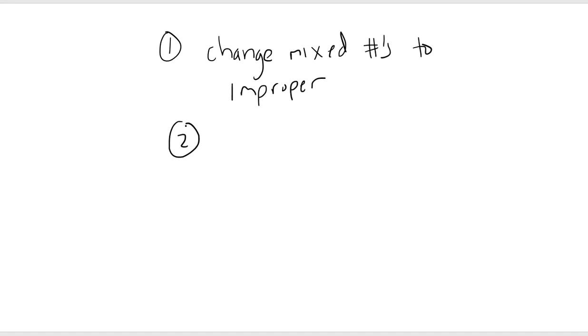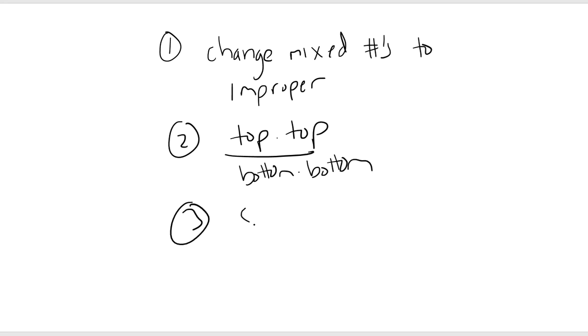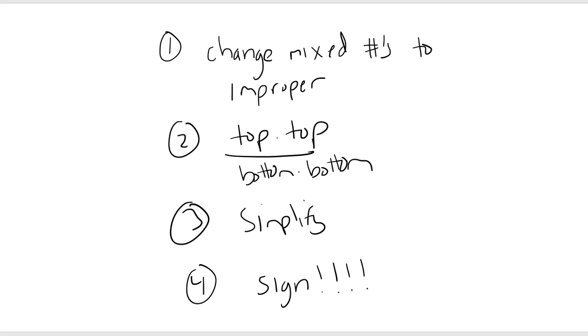And then the second thing that you need to do is top times top over bottom times bottom. The third thing that you need to do is to simplify. And the fourth thing that you need to do is make sure that you have the correct sign.